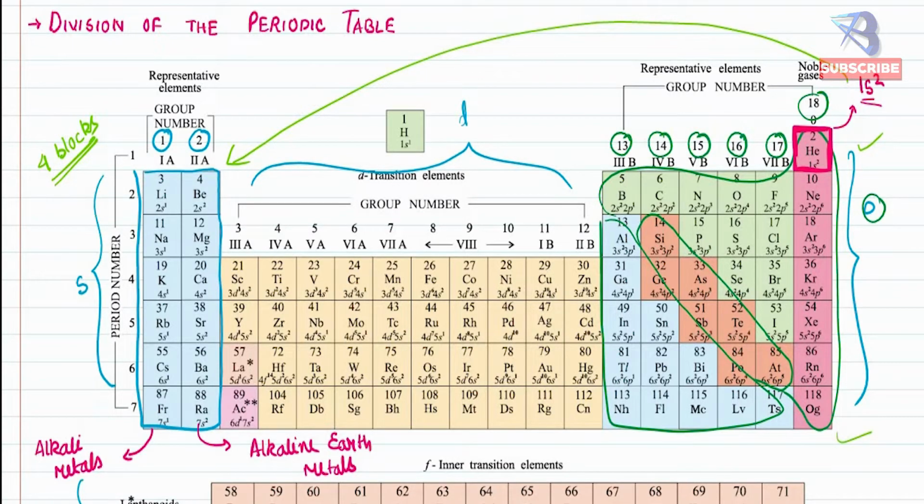And what is the motto of classification that we know? We want to classify based on properties, not on the basis of blocks or electronic configuration. That's why we have kept helium in the noble gases in the p block, but it strictly belongs in the s block group of elements.